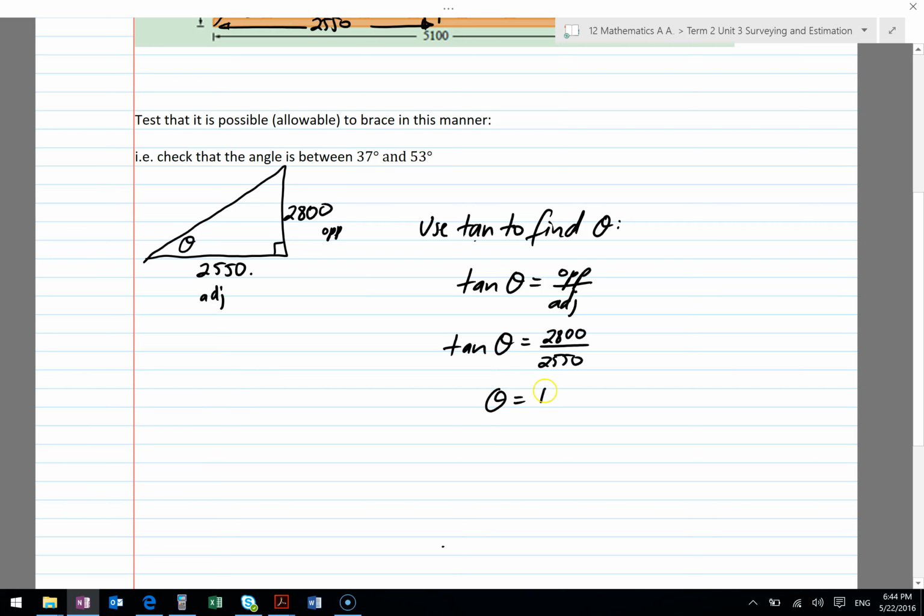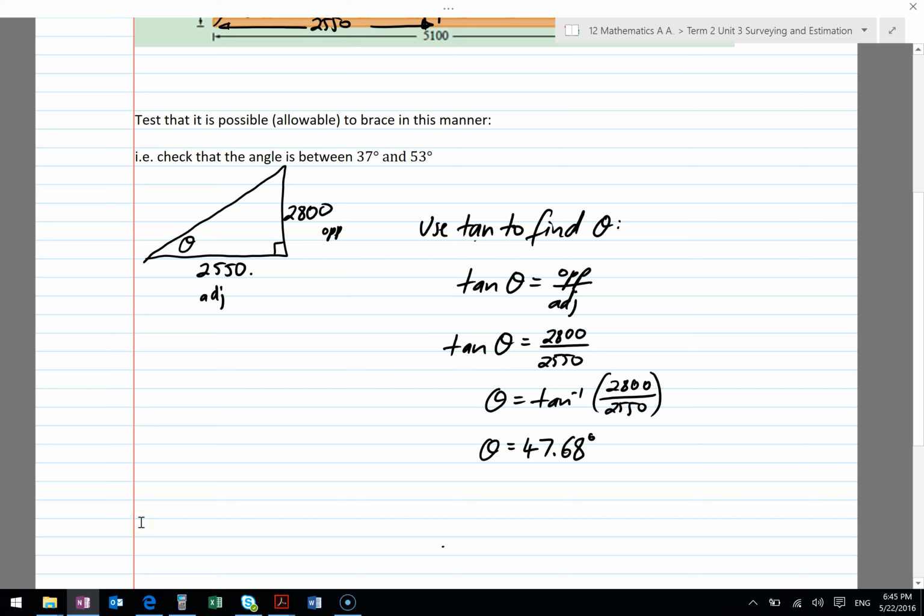That unknown angle will be inverse tan of that ratio. So I'm asking my calculator, what angle would give me this ratio that I've provided to you in brackets? And it tells me that the angle would be 47.68 degrees.